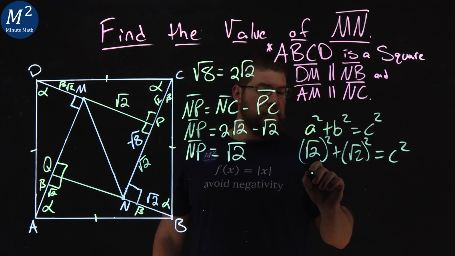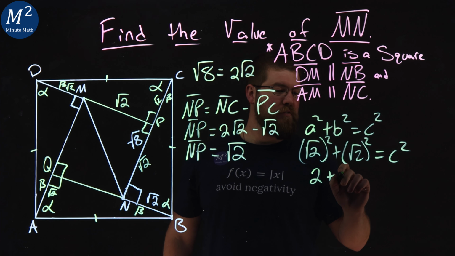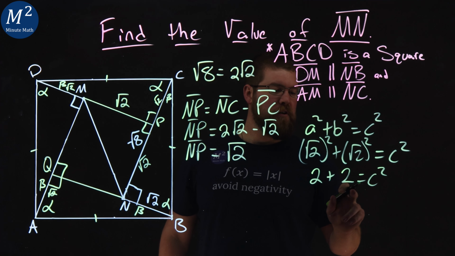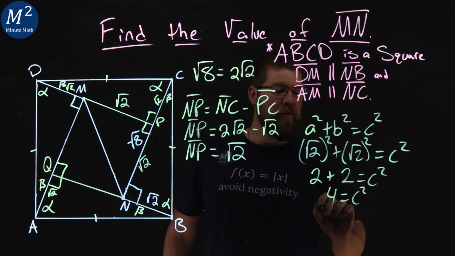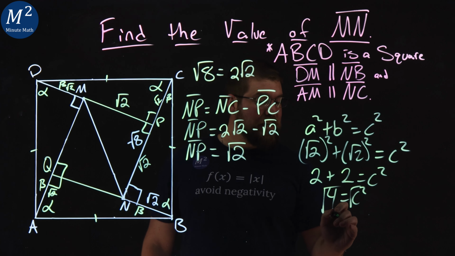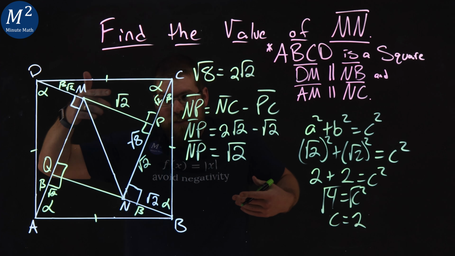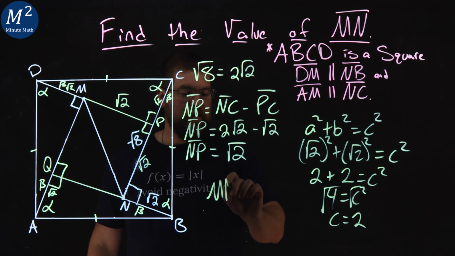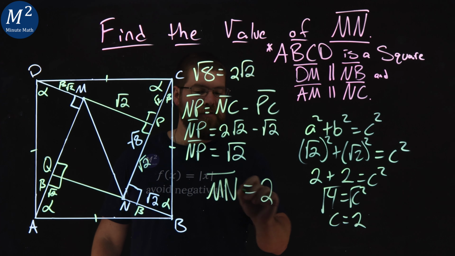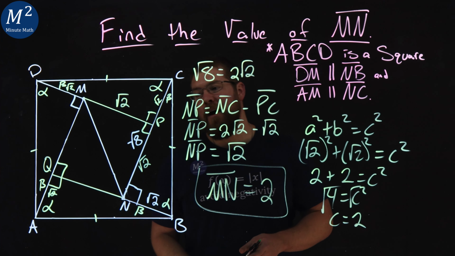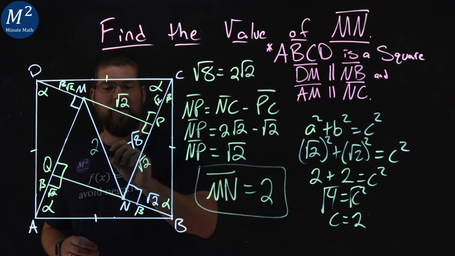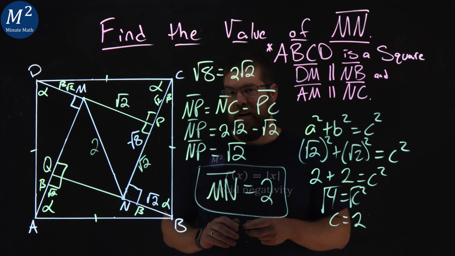Square root of 2 squared is 2, plus square root of 2 squared is 2, equals c squared. 2 plus 2 is 4. We square root both sides, and c is equal to square root of 4, which is 2, which is the length of MN that we needed to find. So after all of that work, we got an MN length of 2.